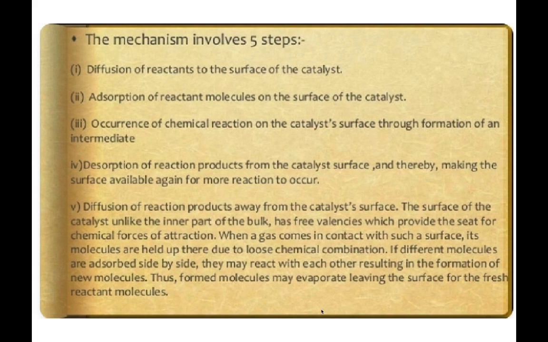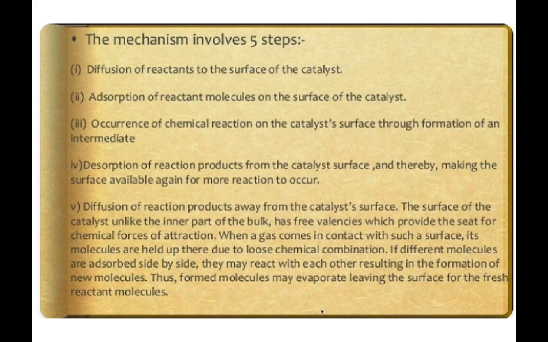Then adsorption of the reactants on the surface of the catalyst, and after that chemical reaction occurs on the catalyst surface by the formation of an intermediate. And after the reaction occurs, desorption of the reaction products from the surface of the catalyst. What happens because of this? It makes the surface again available for more reaction to occur, because this is a continuous process.